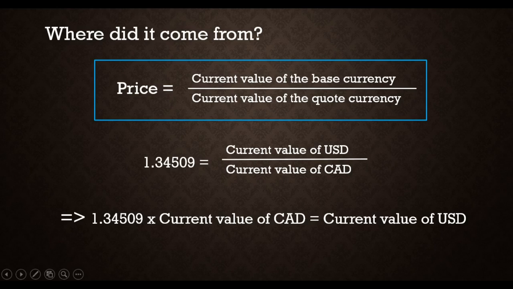From this we can get an idea about how currencies are traded. So what this means is we need 1.34509 Canadian dollars in order to buy one US dollar.